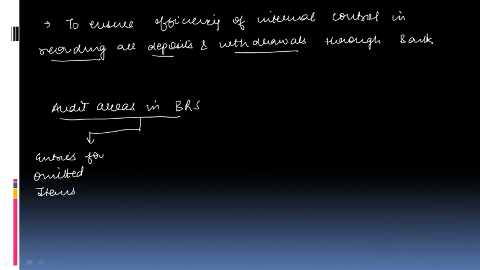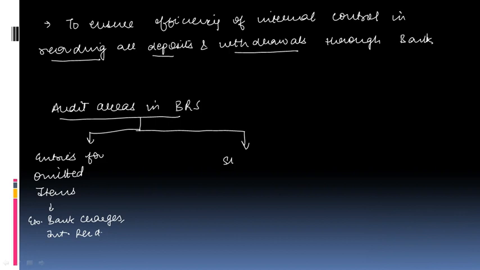That means sometimes bank charges or interest received may be omitted in the bank book. If adjustment entries are needed, they are required to be entered. Right? Now moving on to next.